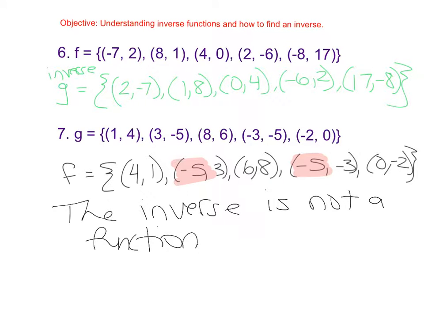Because you have the 3 mapping to negative 5 and negative 3 mapping to negative 5. So remember when we learned about our rules about what a function is, 2 x's can go to the same y. When you have an inverse, that's not allowed. You can't go backwards.